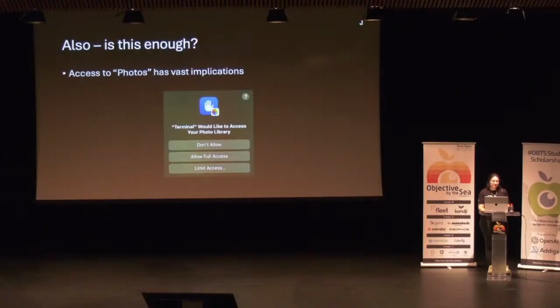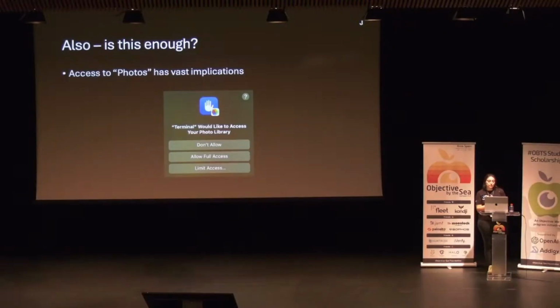Another pet peeve that I have, which is not fixed, and if you were in one of the North Korea talks about the human aspect of things: unless they have a TCC bypass like this, the only thing that stops someone from stealing the different Apple Intelligence data, at least the photos one that Christina and I and Alexia and I have been researching, is this TCC prompt.